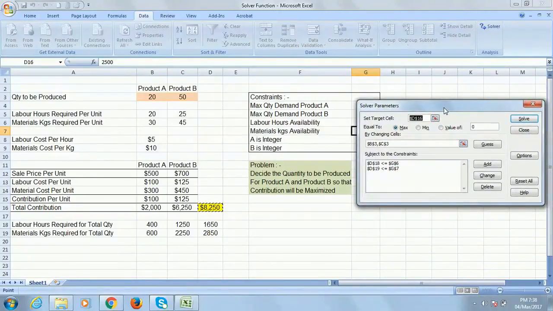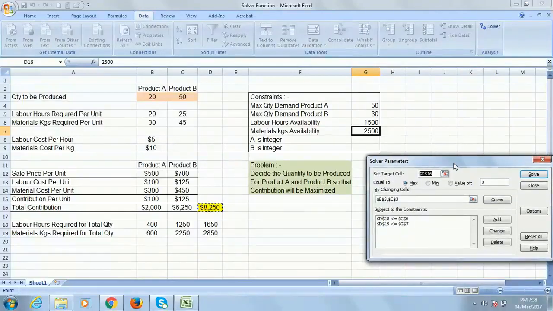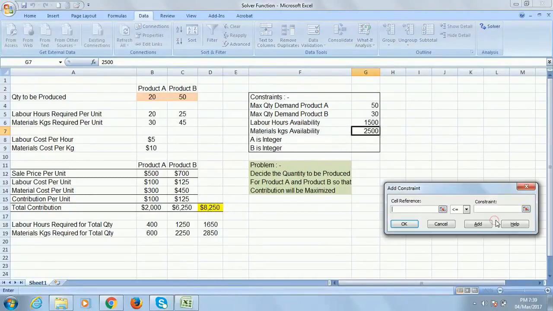What are more constraints? One more constraint is that I cannot sell more than 50 units of a product, because its maximum demand is 50. So I will add one more constraint, that this can be less than or equal to this.